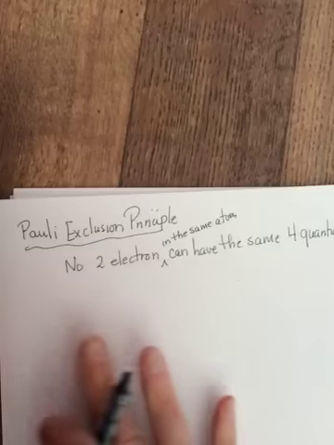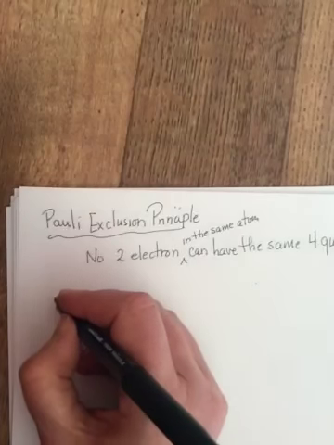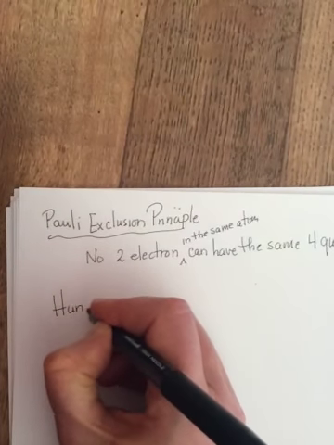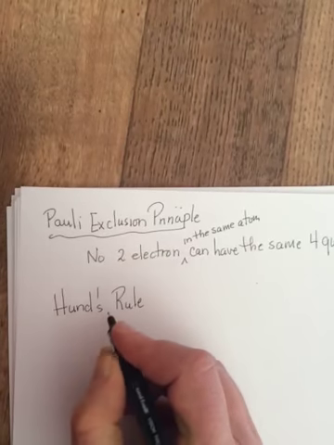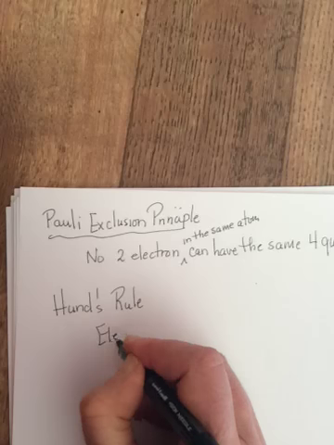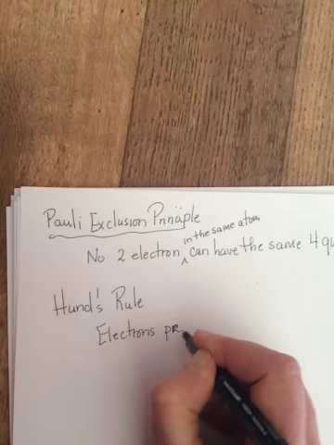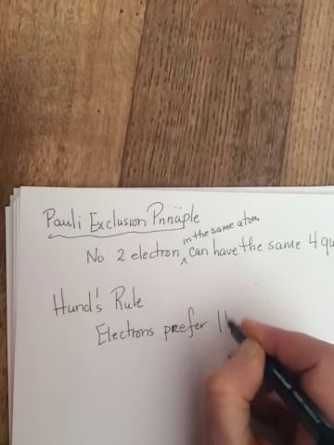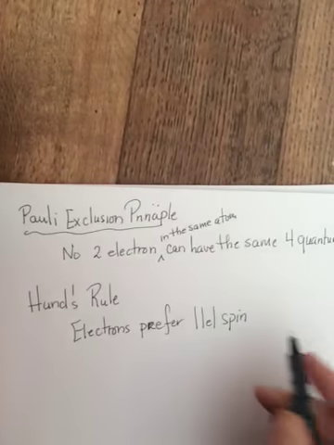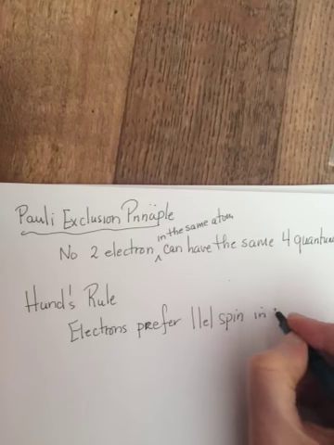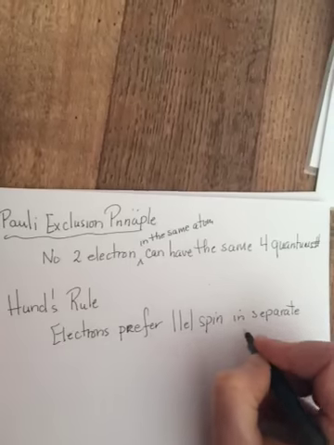Now, to go hand in hand with Pauli's exclusion principle is Hund's rule. Hund's rule says that electrons prefer parallel spins when they are filling subshells, so parallel spins in separate orbitals or separate subshells.